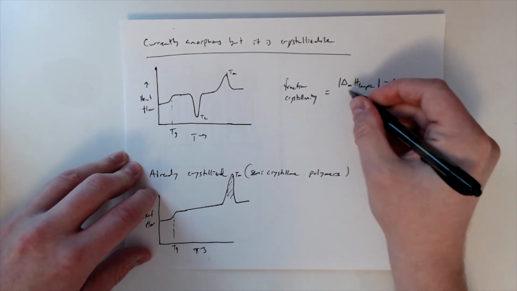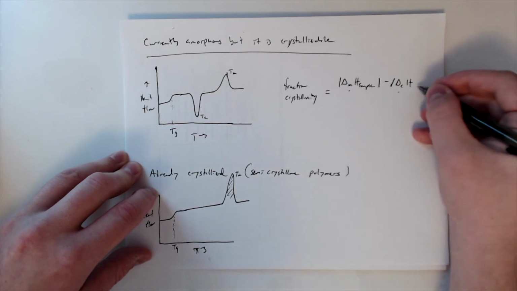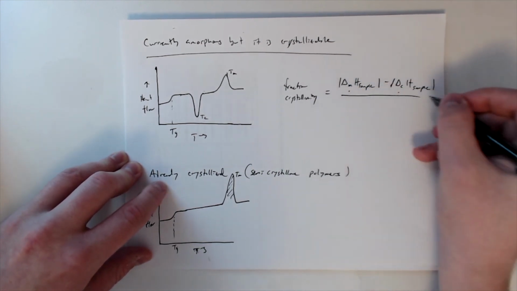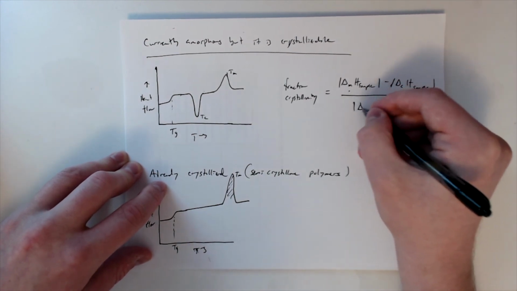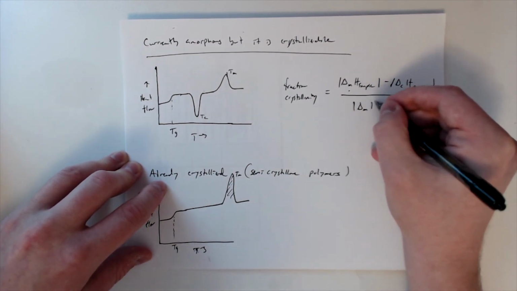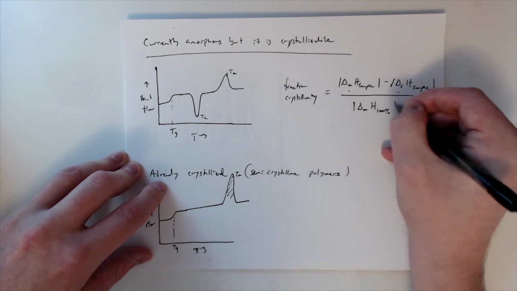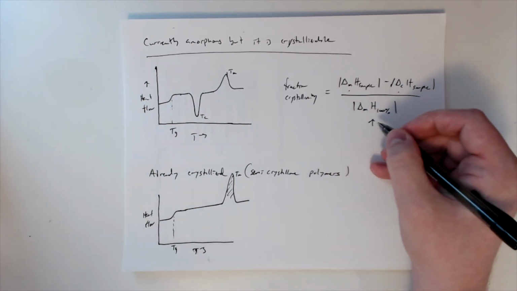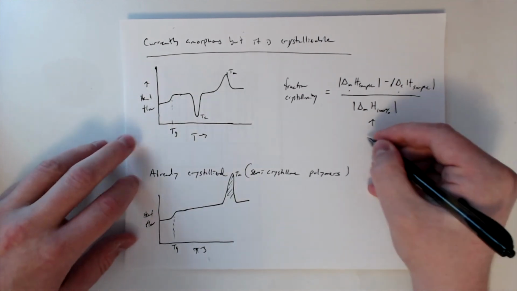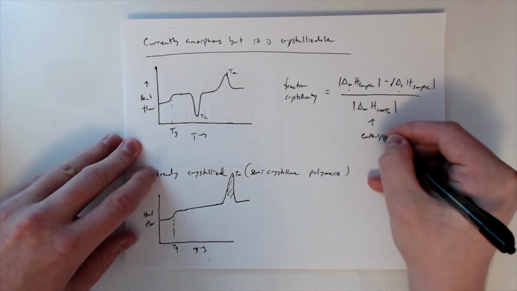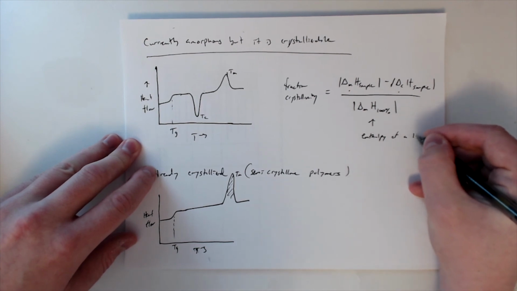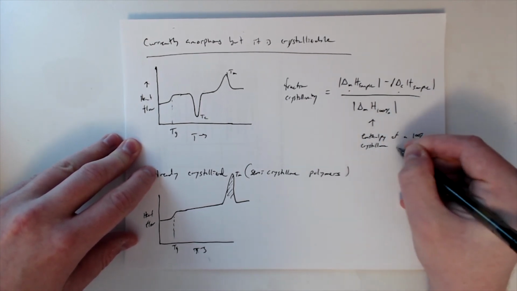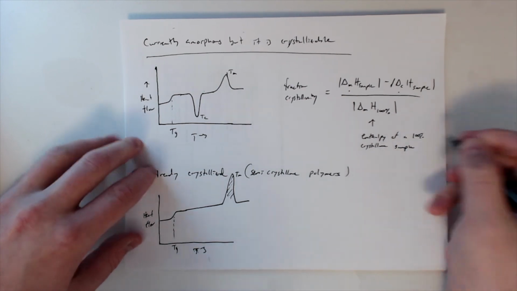So I'm putting the M for melting, C for crystallization here, so I can denote sample as well, over the melting enthalpy of the 100% standard. So this is the enthalpy of a 100% crystalline sample of the same material.